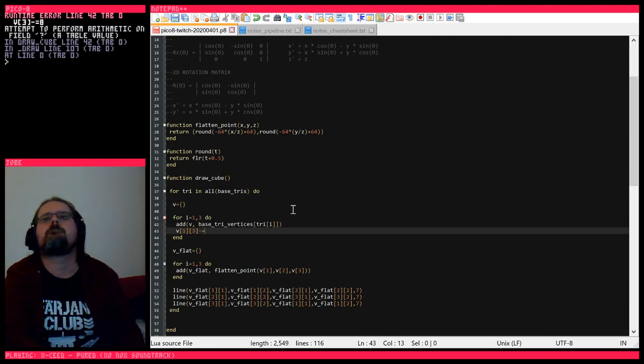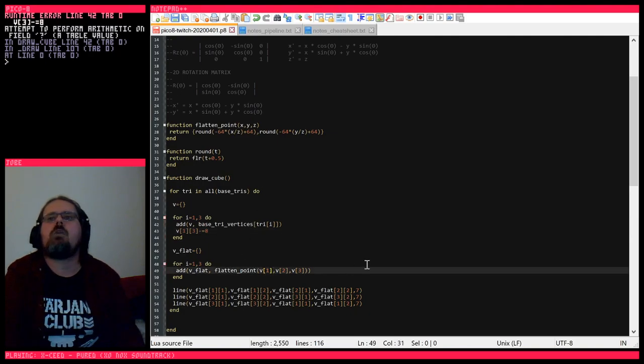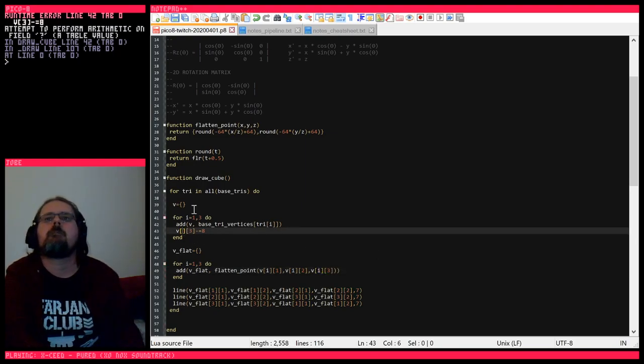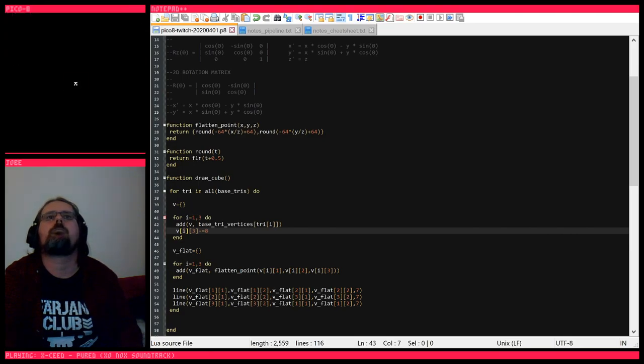Yep. And now we need this, and of course the one there that I just put in the for loop above needs to be I. So let's see if it works now.